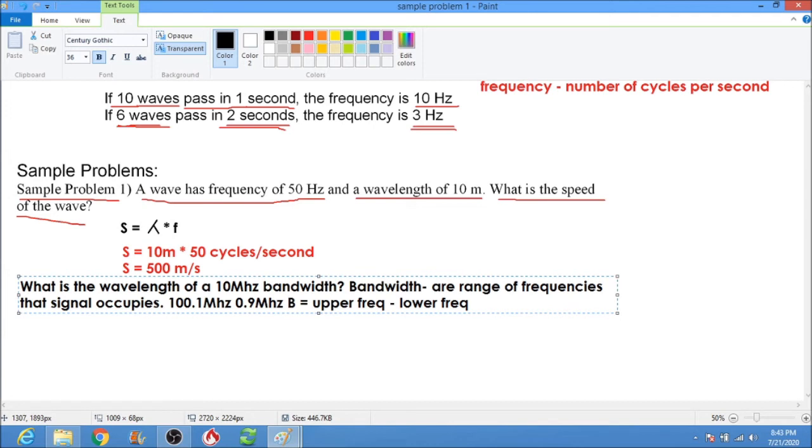In AM, FM or TV stations, the bandwidth is the upper frequency minus the lower frequency. In data subscription, you also have a bandwidth. The data bandwidth is different from the bandwidth of a communication system, but it is also called bandwidth.